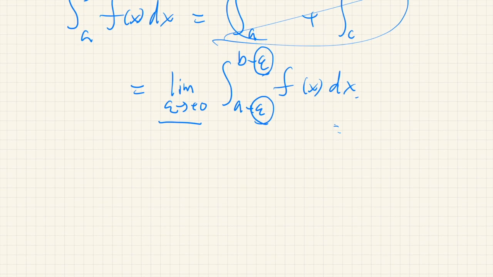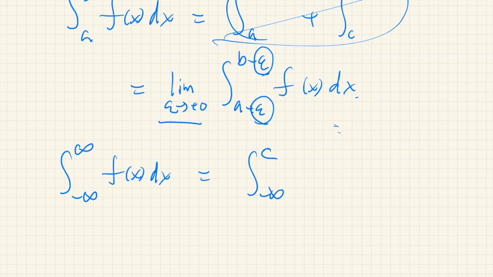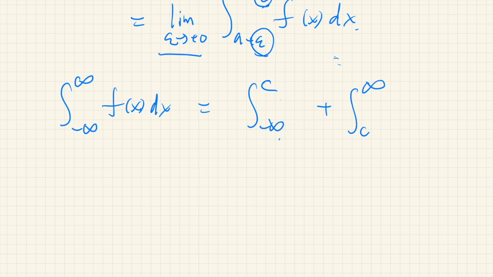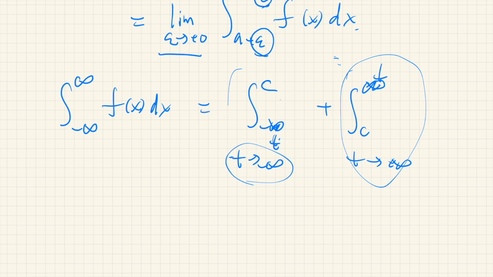And the same applies to this integral from negative infinity to positive infinity. Instead of splitting like this, from negative infinity to c and c to positive infinity, where c is some arbitrary constant, and replacing with t and taking t to negative infinity in this case, and t to positive infinity for this one, don't do this.